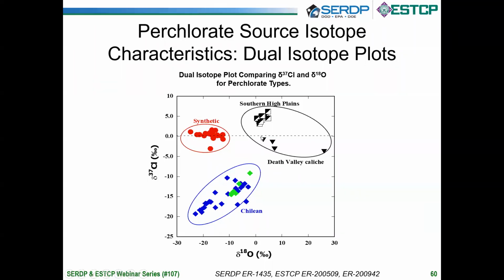And then you had this group out of the Southern High Plains and Death Valley, which had a range. It was interesting because each of these were separated isotopically if you do this dual technique. Certainly by concentration or other analyses, there's no way to tell these perchlorates apart. They all look the same. There's also more of a story here with the oxygen isotopes, but just for time and simplicity, I'm going to stick to looking at the chlorine versus oxygen.